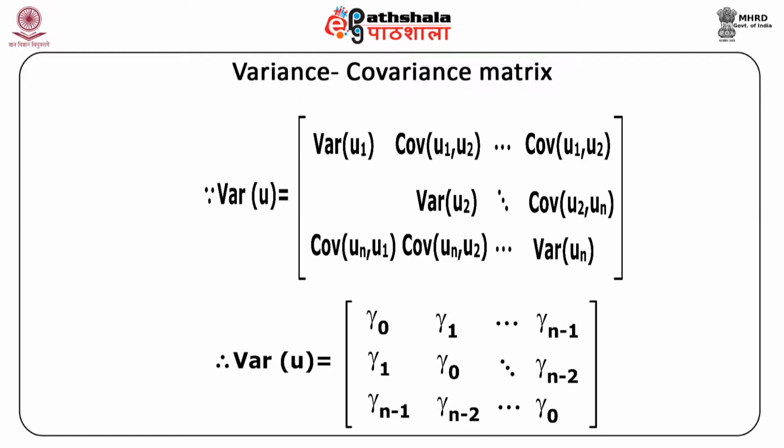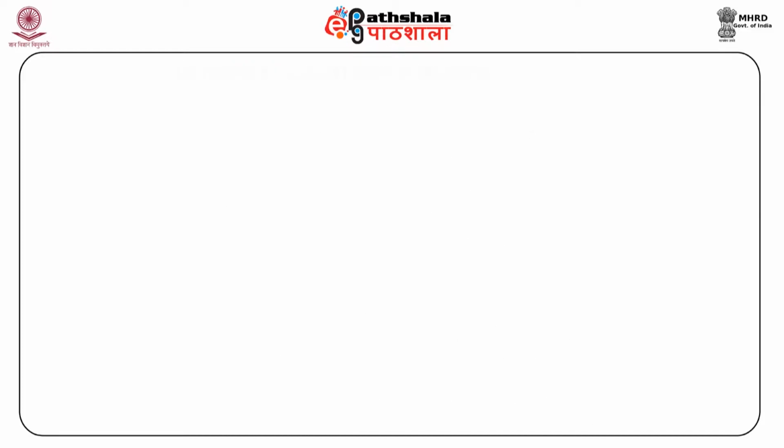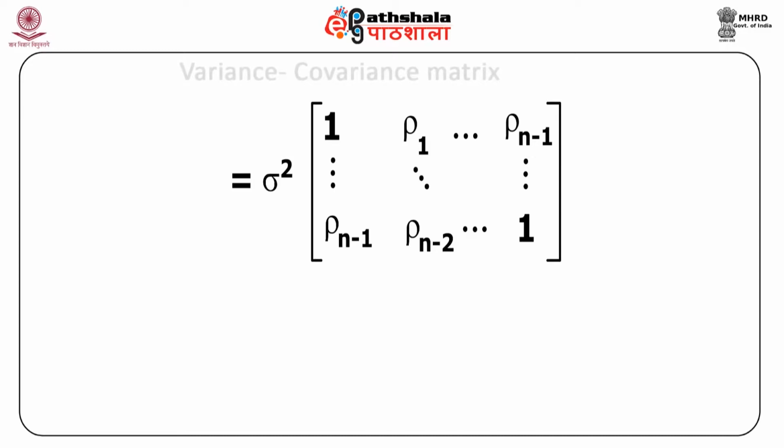gamma n minus 1. This matrix variance of u is therefore equal to sigma square into the first row, which is 1, rho 1 up to rho n minus 1, and the last row is from rho n minus 1, rho n minus 2 to 1.